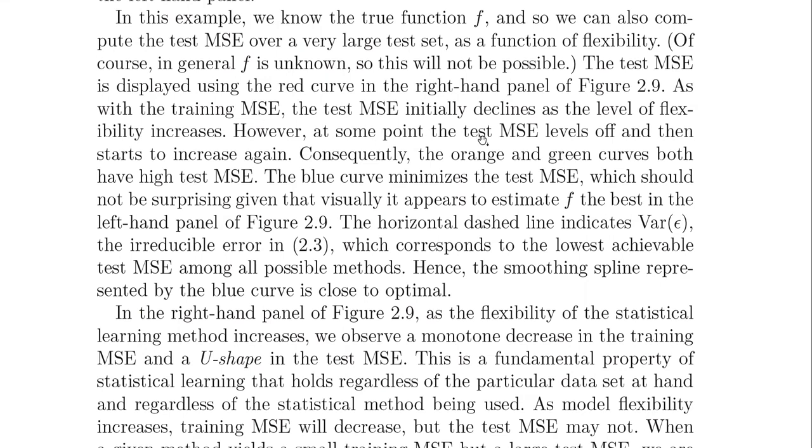However, at some point, the test MSE levels off, you've reached your minimum, and then starts to increase again. This would be due to overfitting. Consequently, the orange and green curves both have high test MSE.